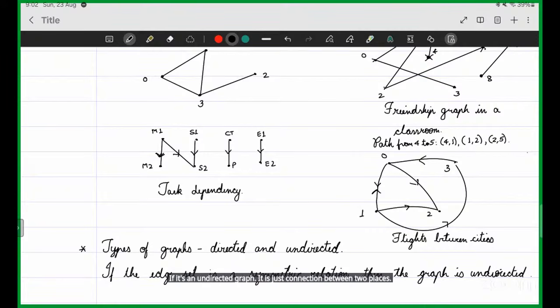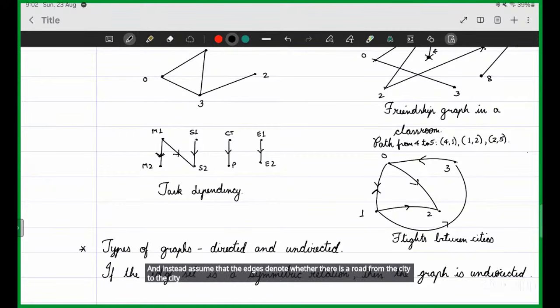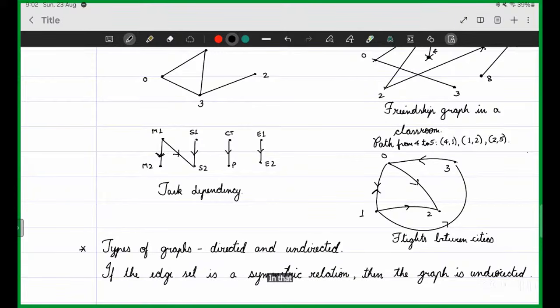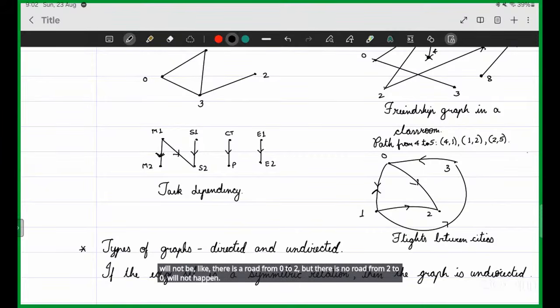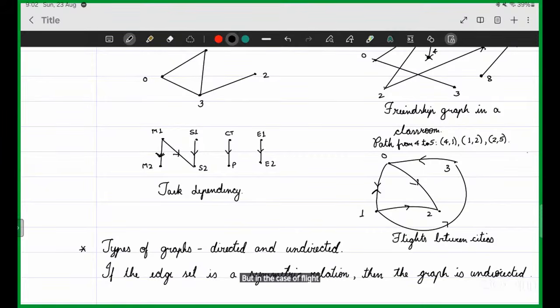Now assume that the edges denote whether there is a direct road from this city to this city. In that case, it would be an undirected graph, right? The existence of a road will not be like there is a road from 0 to 2, but no road from 2 to 0. That will not happen. But in the case of flights, this can happen, right?